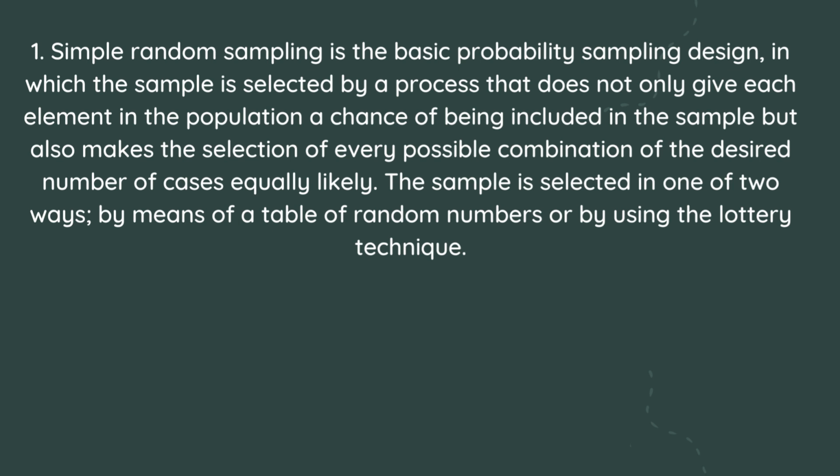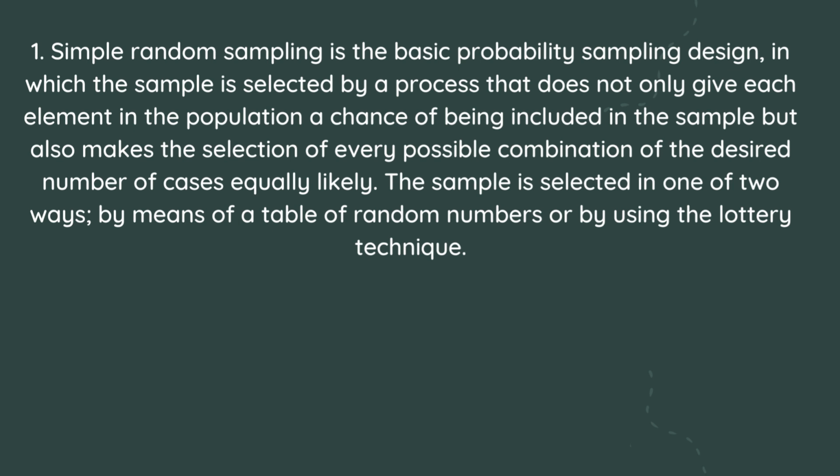The sample is selected in one of two ways: by means of a table of random numbers or by using the lottery technique. So, ganito mangyayari natin for the SRS or Simple Random Sampling Method.